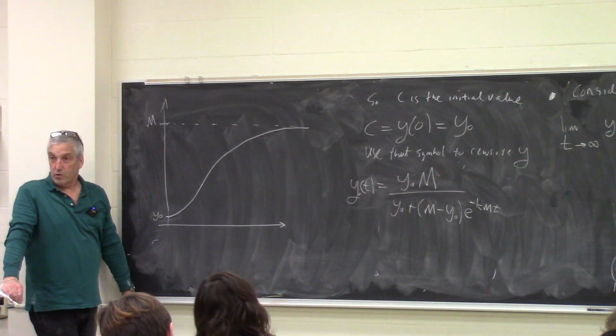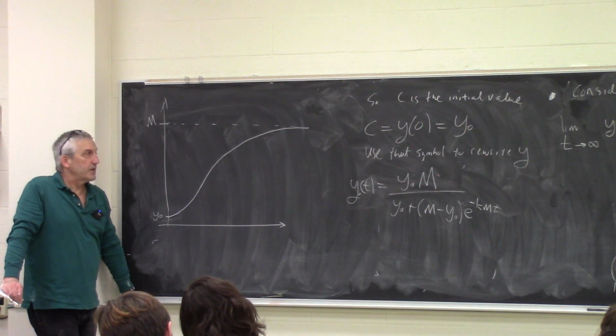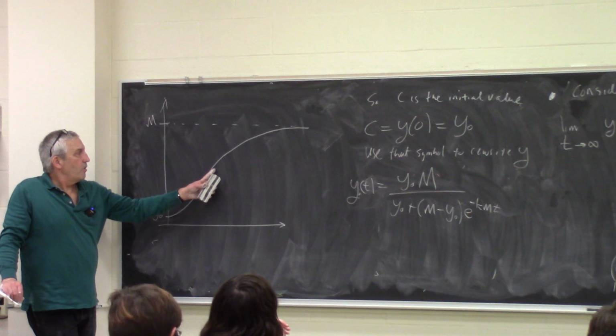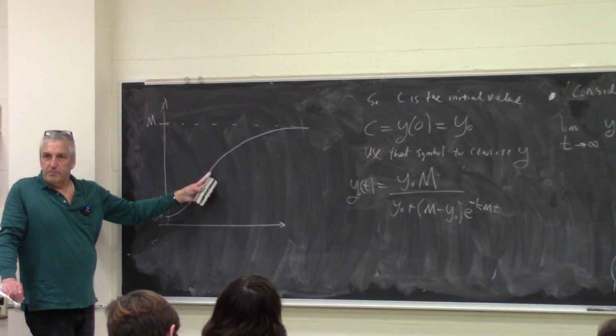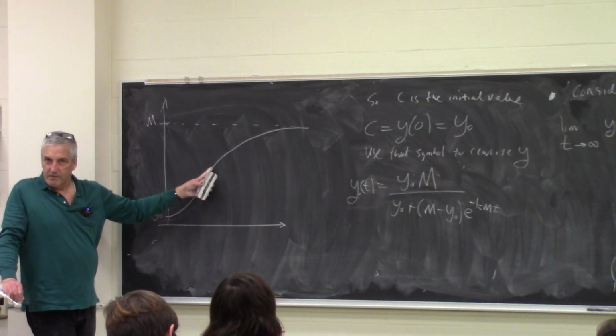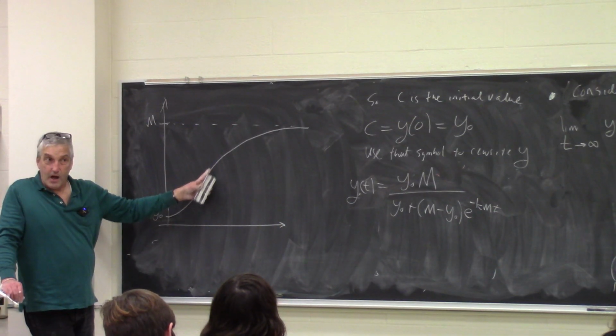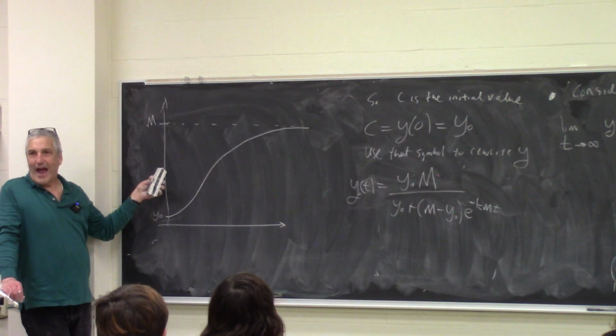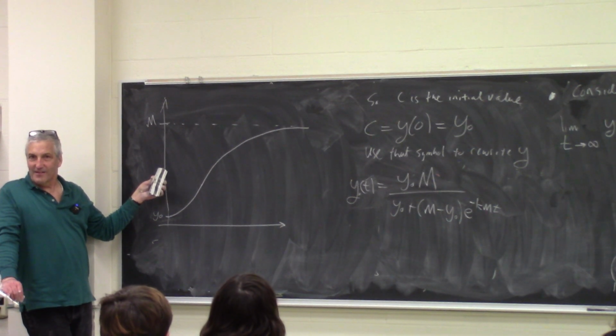And there's a cool book problem, I forget if it's assigned as homework, to show that the time at which the growth is the fastest is the time at which the population has reached half of the carrying capacity. It's really cool.